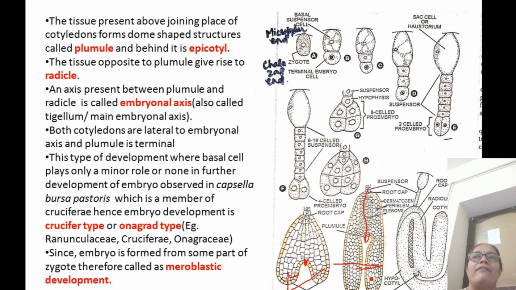This type of development, where the basal cell plays very minor role or no role in further development of embryo, was observed in the plant Capsella bursa-pastoris, which is a member of the crucifer family.